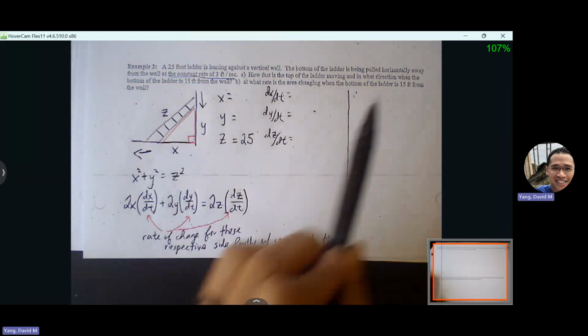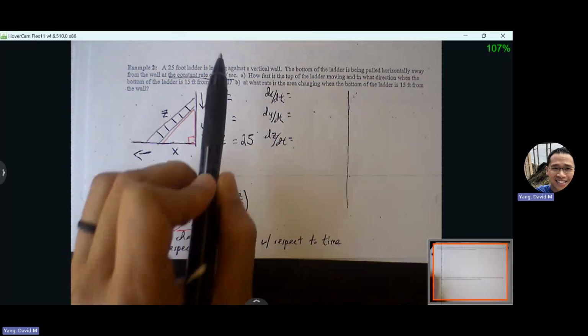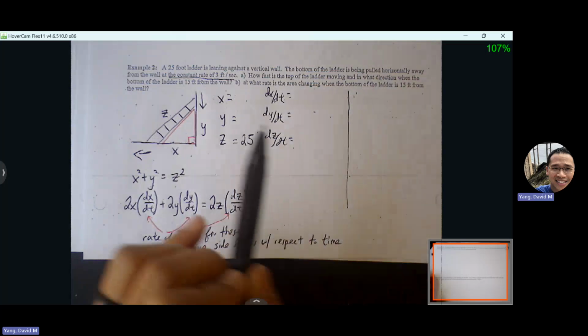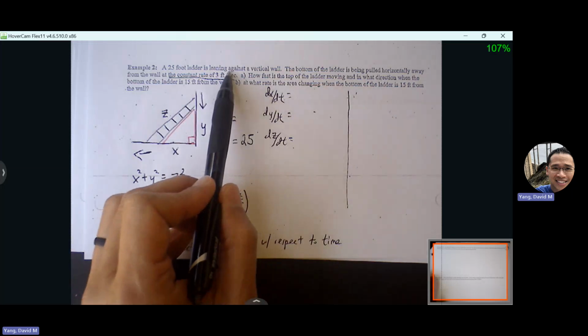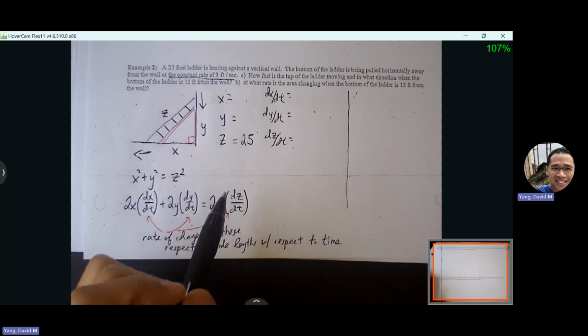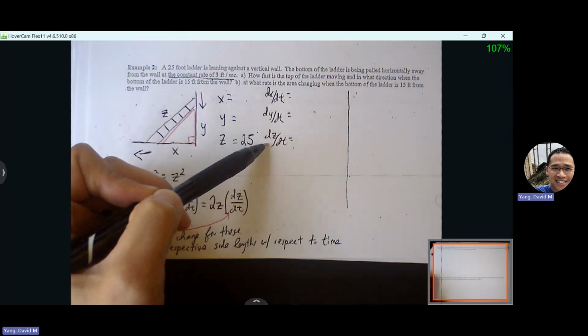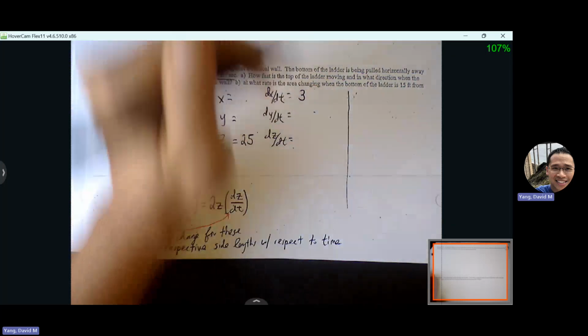First off, we know it's pulled horizontally away, so it's going to be x related, but we know it can't be x because we see the word rate, we see being pulled, we see words that describe motion, and we also see feet per second. So all these context clues indicate that it's not just a static value, it's a moving value. Anytime there's a moving value, it's got to be a rate. So dx over dt is 3.